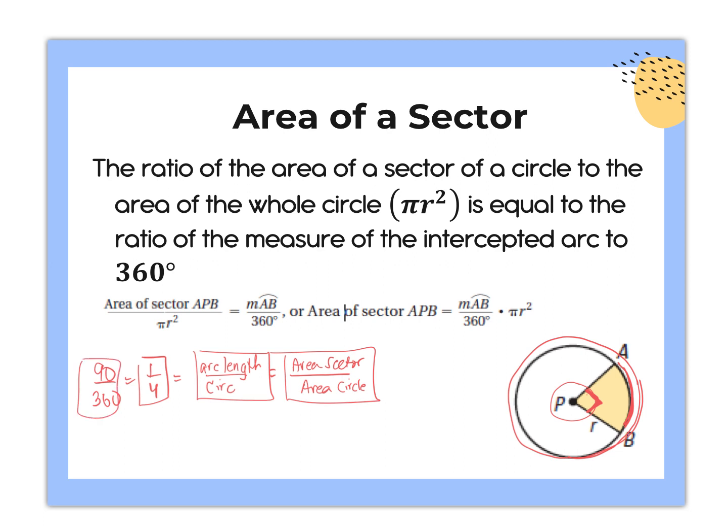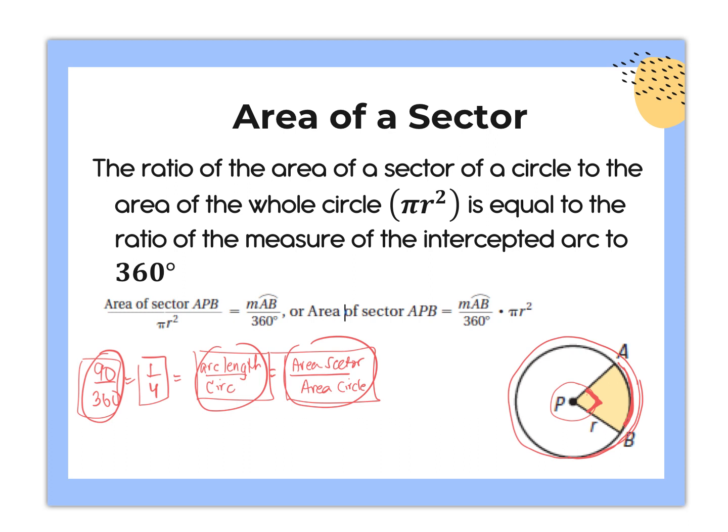So let's say the area of the circle is 20, then the area of the sector will be 1/4 of 20, which is 5. And so you can set it up as proportions. Basically, you need one complete ratio out of the three, and then you need one of the other values, and you can solve anything.